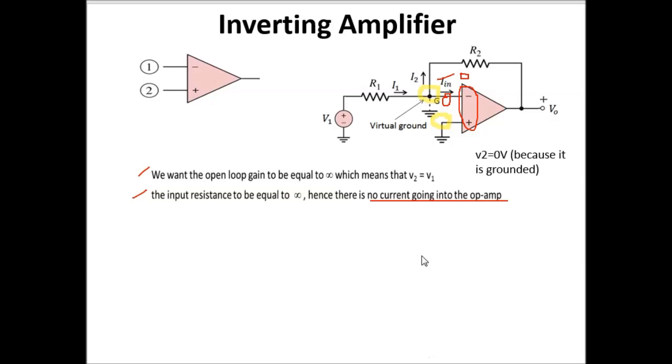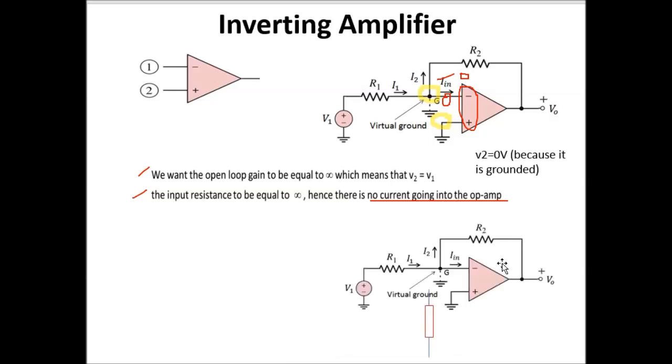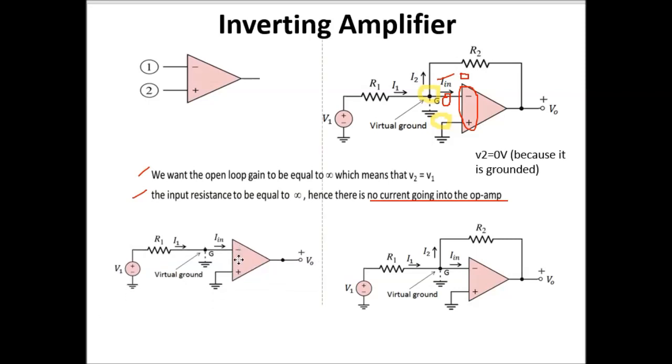Okay, so I would like to talk to you about R2, why we have R2 over here. This is because if there is no R2, just imagine that there is no R2 in your circuit, it will look something like this.